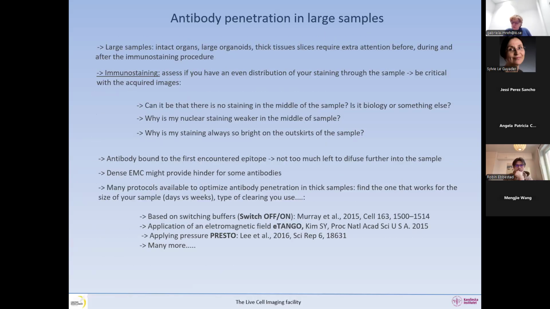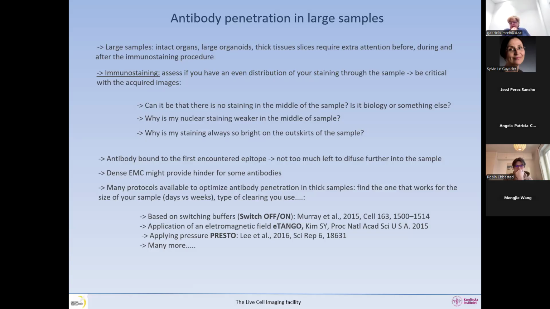So there are a lot of protocols available to optimize this issue of antibody penetration in thick samples. You just have to find the one that works for you, for the size of sample you are working with, and of course what type of clearing you are using, because obviously if we have this big sample, we need to also clear the sample and be able to look through.